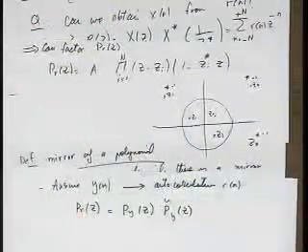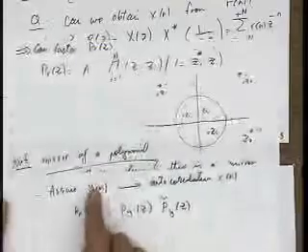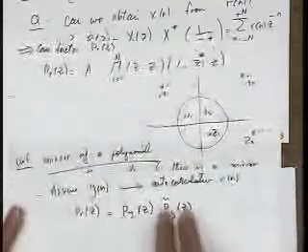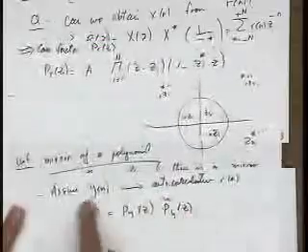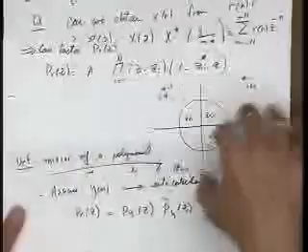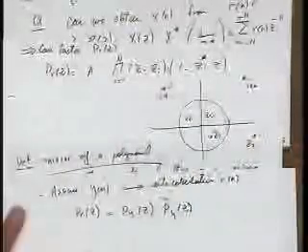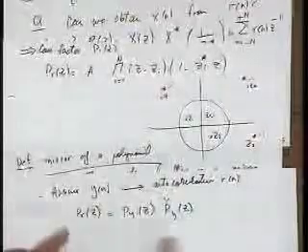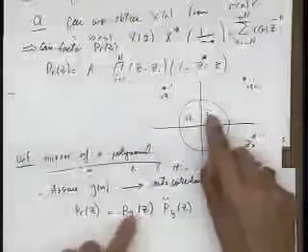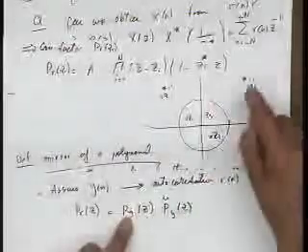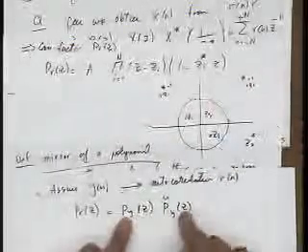So if you have a general signal y of n, and it has P of y and it has P y tilde, and all you know is Pr of z, which is this zero pattern that you see in this place, you don't really know how to associate with the signal. You don't really know whether this z naught is part of y or is part of this, or whether z naught inverse is part of this or part of that.